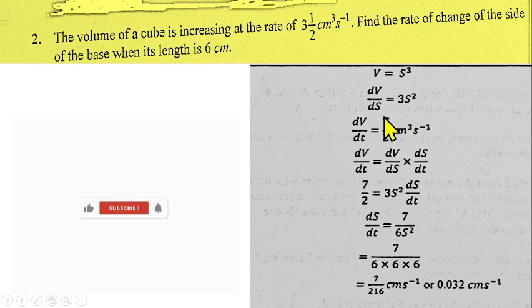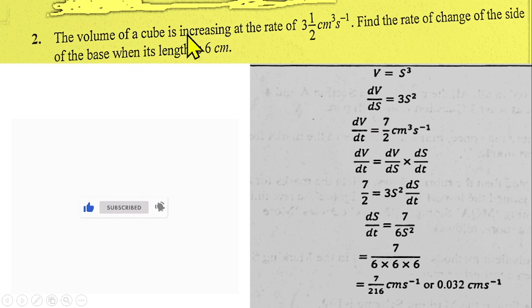3x squared. Then from there, we are told that the volume of the cube is increasing at the rate of this. So the volume is increasing at a particular rate. So that should give us dV/dt.